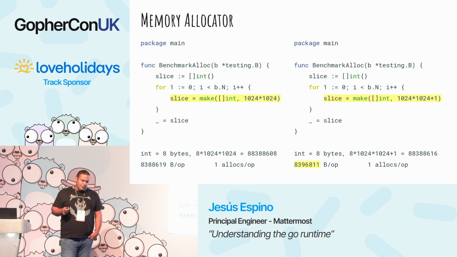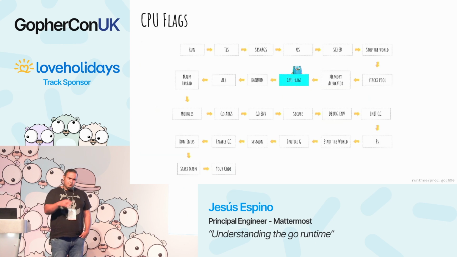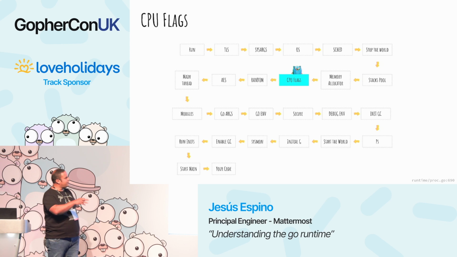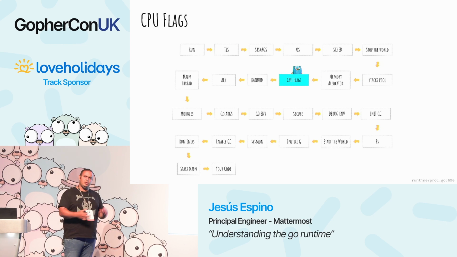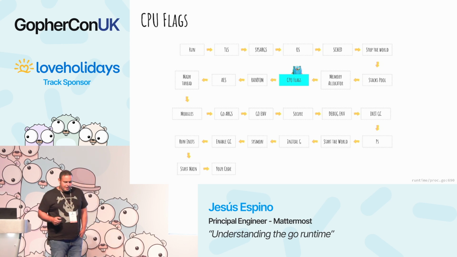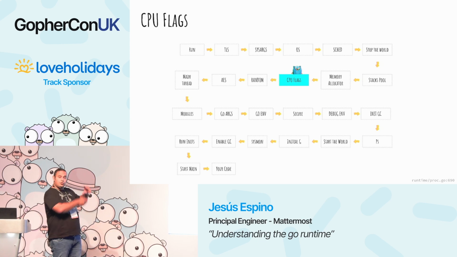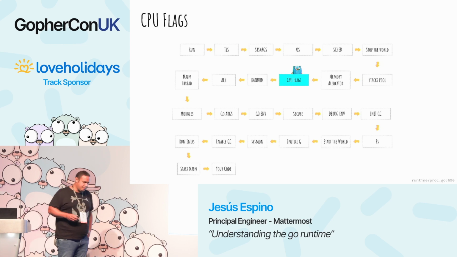So that's about the memory allocator. I'm going through the process of initializing everything to explain certain concepts of the runtime. But the memory allocator is not doing all this stuff yet. It's just generating all the MSPANs, but they are empty at the beginning.